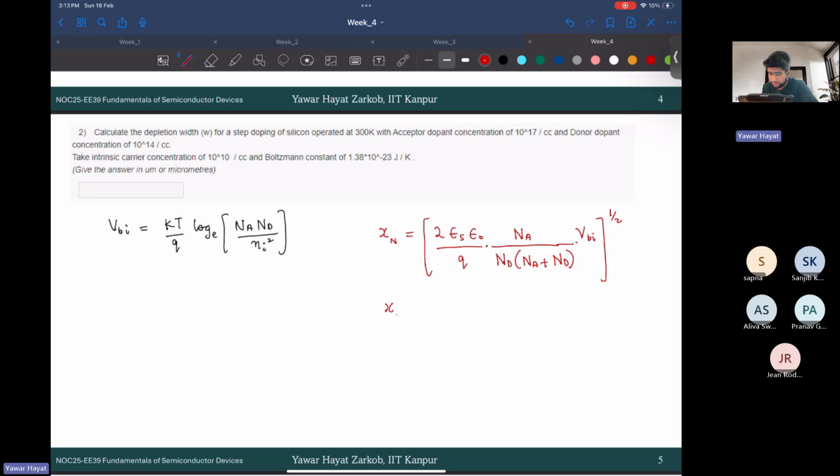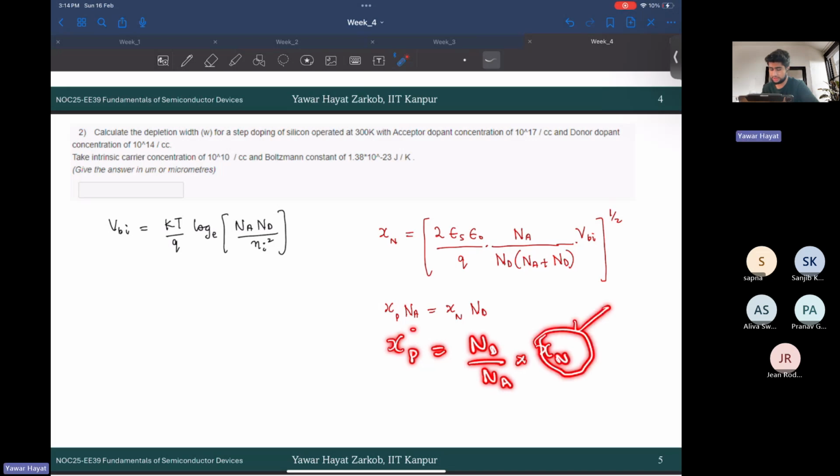You also know xp NA is equal to xn ND, right? This comes from the charge balance, and you can use this equation to compute xp, because then xp is just ND by NA times xn.